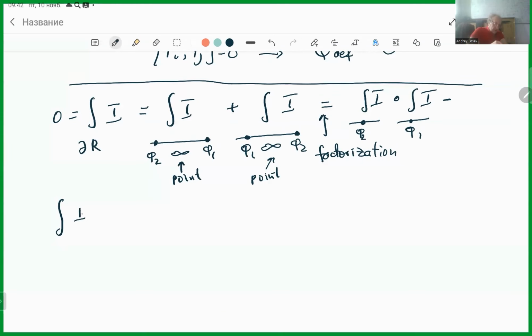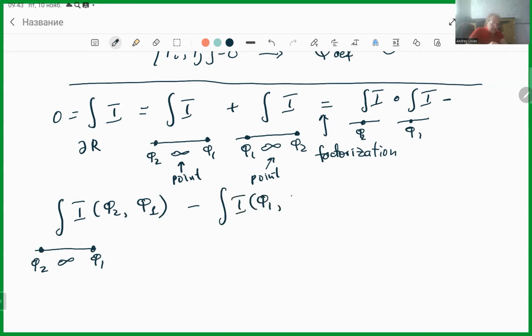So it is I phi 2 phi 1. Okay. Yeah, I guess. And here the picture is like this. Okay, so the relative sign is minus here. I phi 1 phi 2.